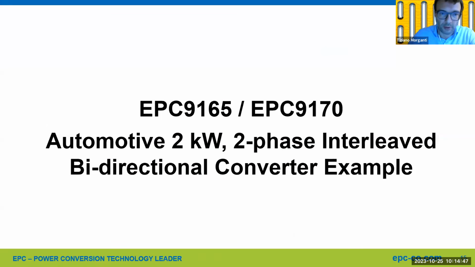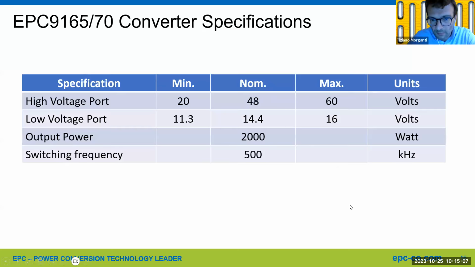Let's have a look at the more powerful EPC9165 and EPC9170. So this is designed for automotive application, 48 to 12 volt bidirectional conversion. Okay, so the specs are as reported in this table.